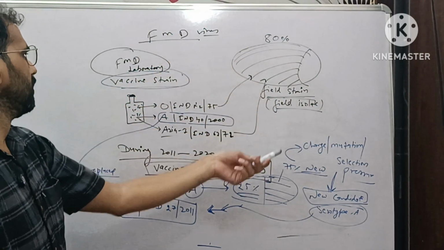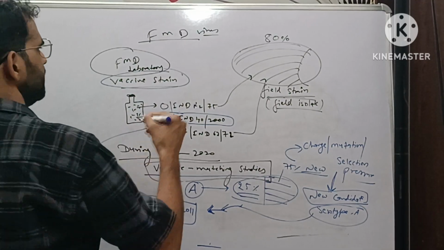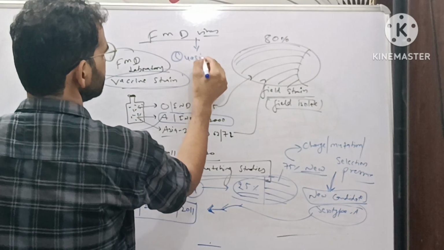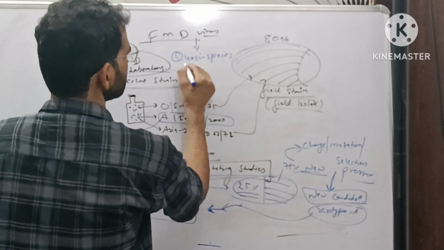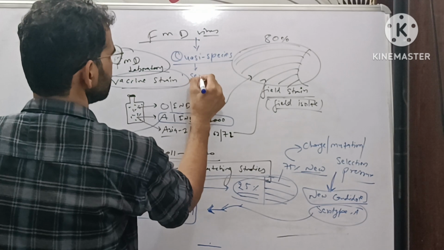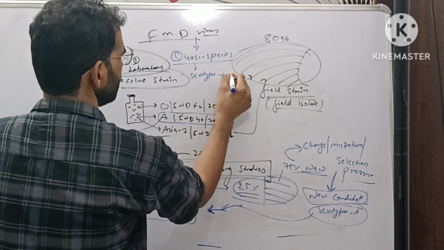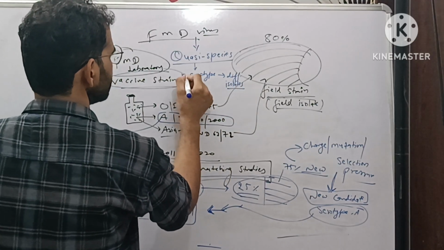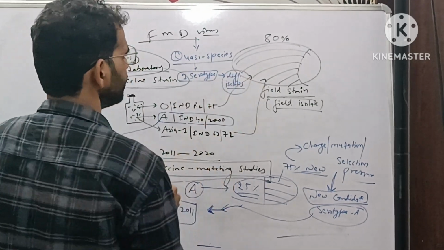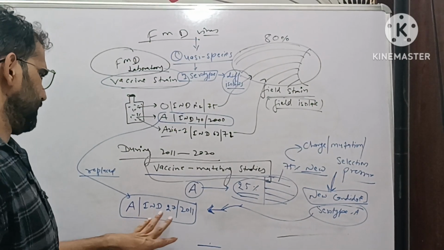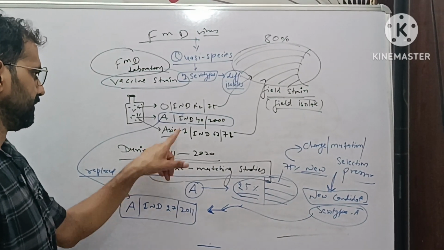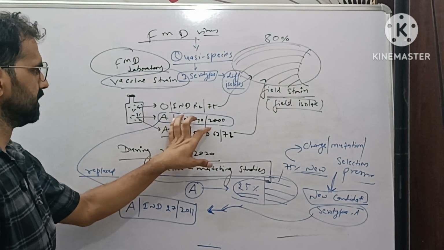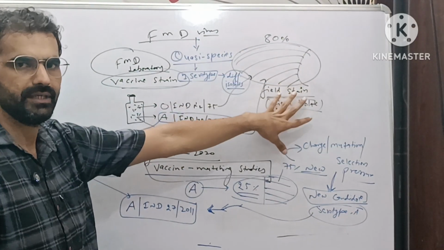So what is the meaning of all these three? The meaning is that in FMD virus there is a concept of quasi-species, which means a serotype has different isolates. One serotype having different isolates. Before 2011 we were using this vaccine strain, which was designed based on field isolates.